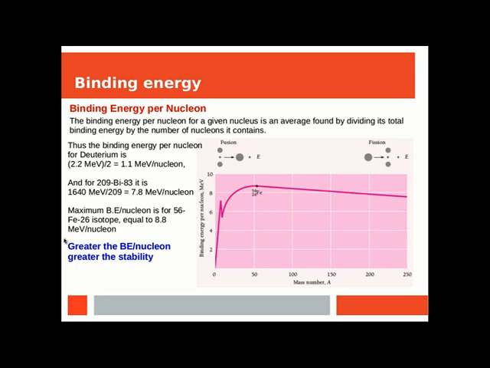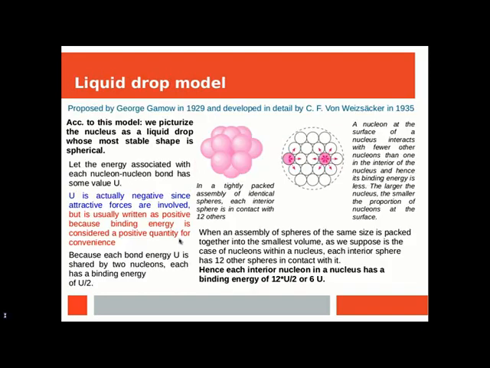So a general inference that comes out of this discussion is that greater the binding energy per nucleon, greater is the stability, which is clearly indicated in this case: the maximum stability of the iron 56 nucleus is because of maximum binding energy per nucleon.